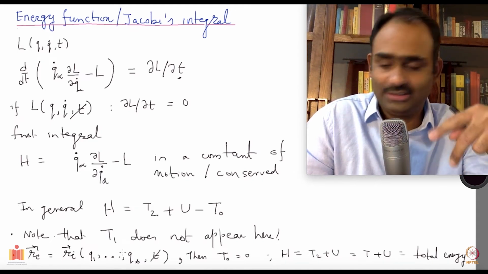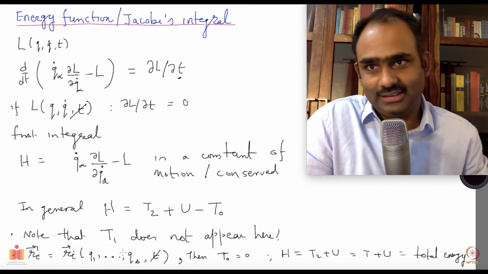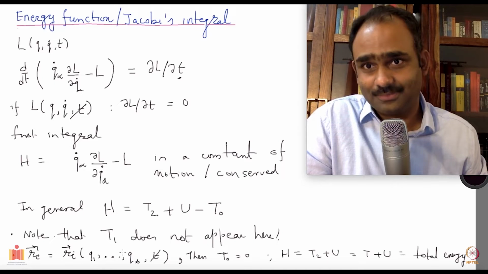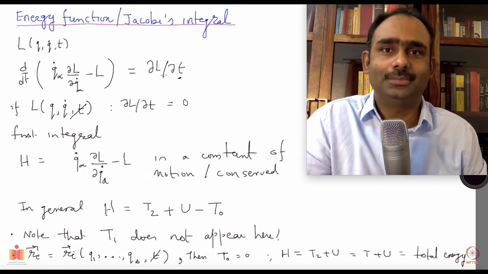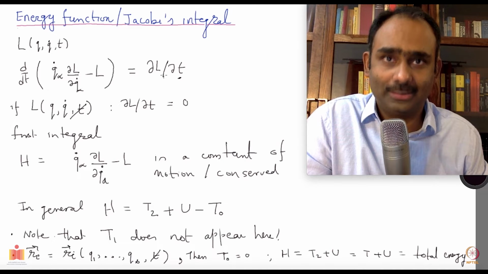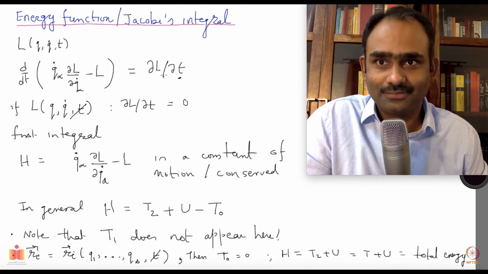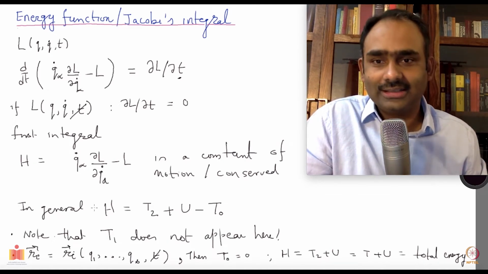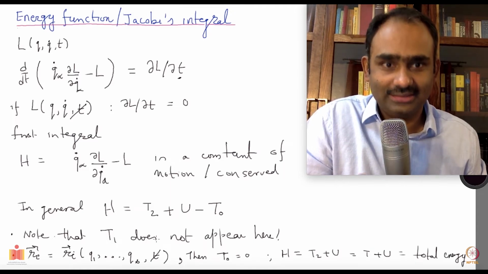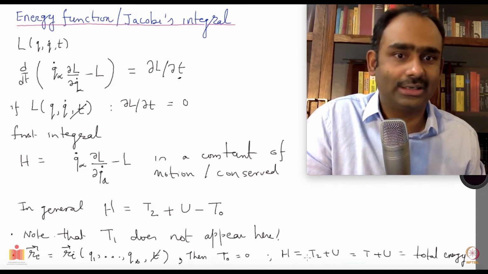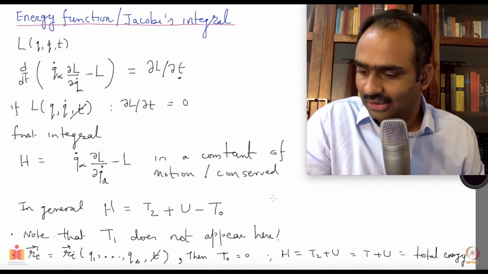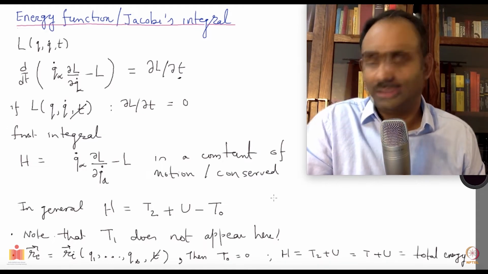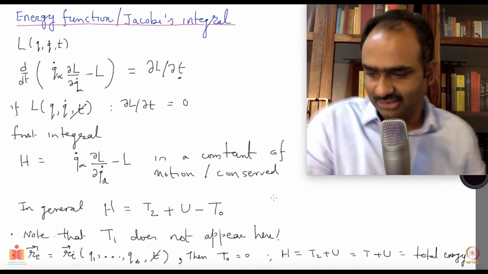Clearly in that situation dh over dt will be 0, because your Lagrangian will not depend on time explicitly, so h will be conserved. But because there is an explicit time dependence in the transformation, h will not be the total energy, because then h will have the form T2 plus U minus T0. That's a remark which I wanted to make.